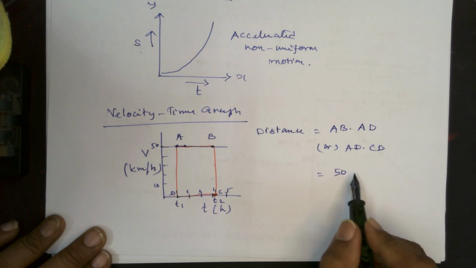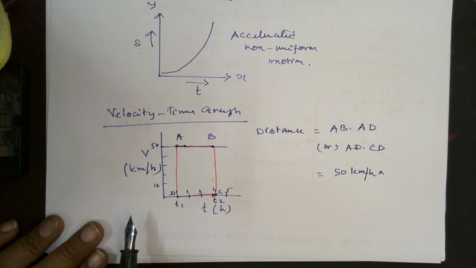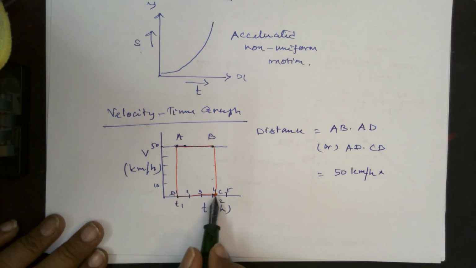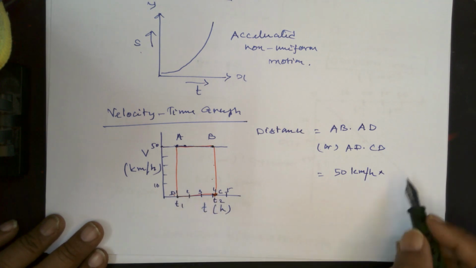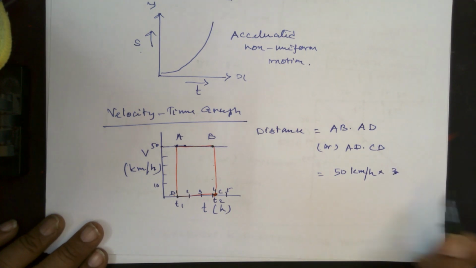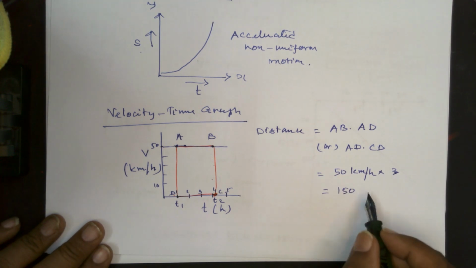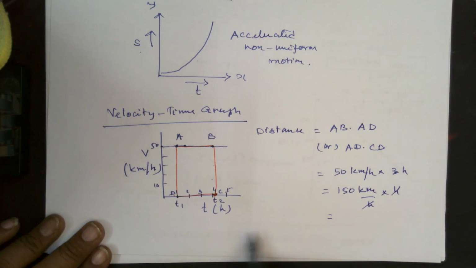So you can put 50 kilometer per hour into what is CD? CD is the difference between this 4 and this is 1. So it means 3 is the distance. Okay. So into 3. Now what is the distance traveled? 150 kilometer, and this is hour, is it not? So kilometer per hour into hour, cancel. So the distance traveled is 150 kilometer.